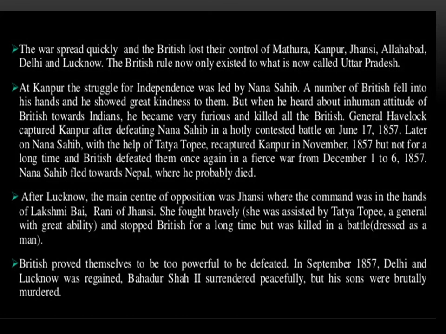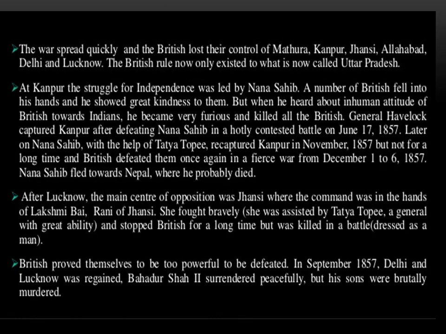She was assisted by Tatya Tope, an Indian general of great ability. Tatya Tope was her assistant, an Indian general of great ability. But in June 1858, the British killed Lakshmi Bai in battle. Although Tatya Tope escaped, he was later captured and executed as well.